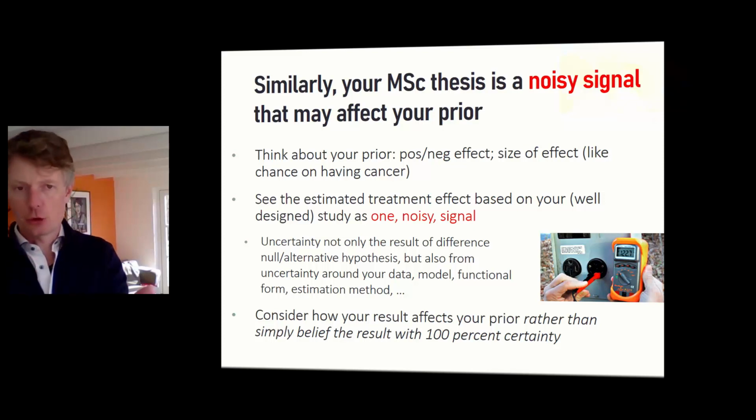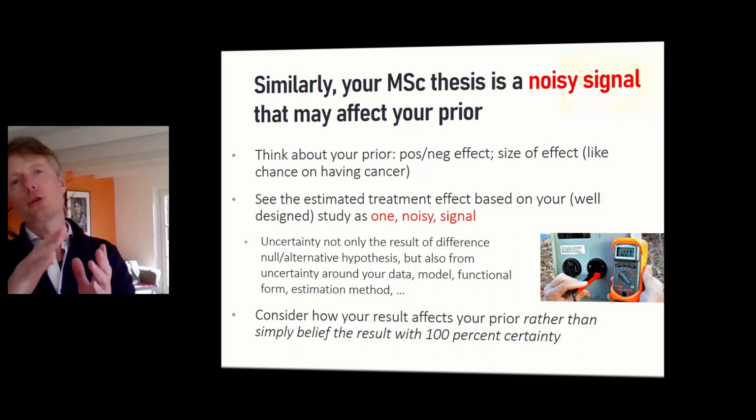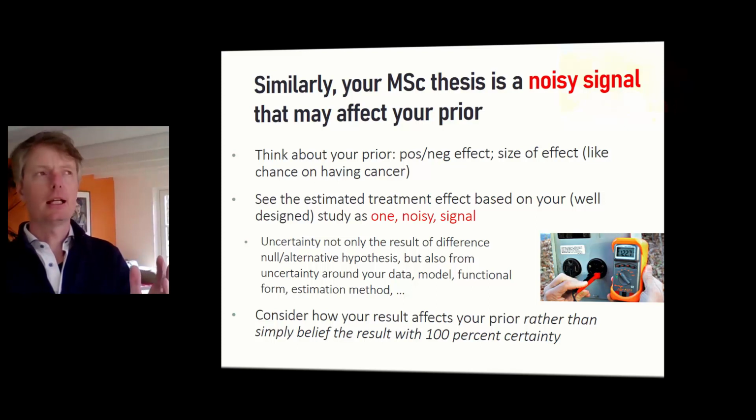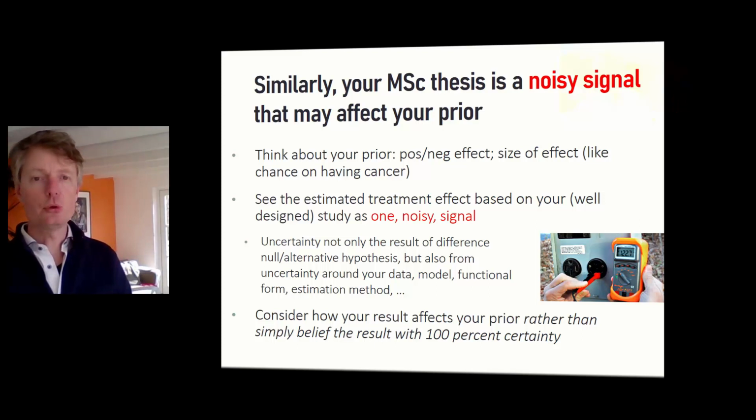And the uncertainty is not only the result of the difference between your alternative hypothesis and your null hypothesis of no effect, but it's also related to measurement error in your data.